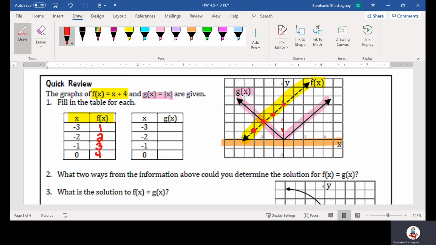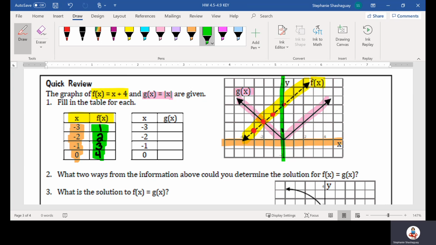Now, if you're confused on where I'm getting these numbers from, all I'm doing is looking at the values on my y-axis, which is right here. So I'm looking at my x values and identifying my y value. And that's all I have to do.